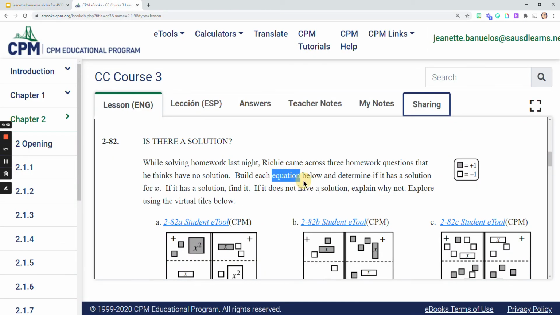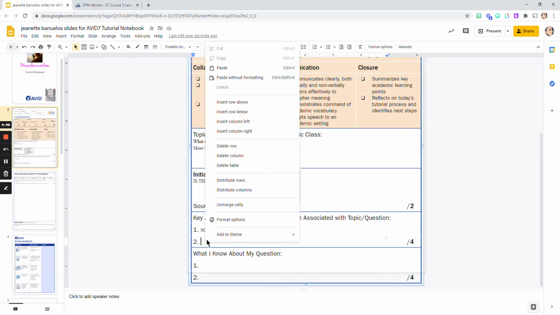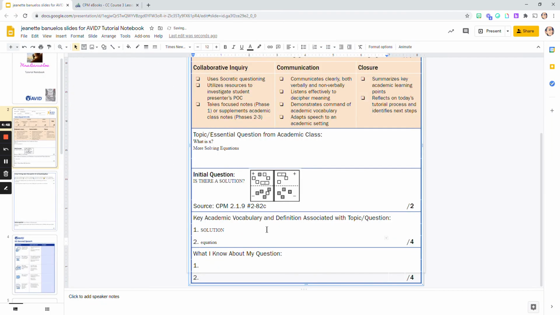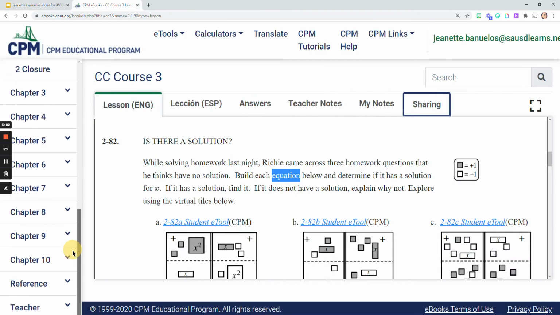And then you also need the definition. A lot of times the definition is within your resource. If not, then you can use dictionary.com to find the definition of your vocab words. But for me, I know they are in my CPM ebook, so I'm going to get the definition from the glossary.